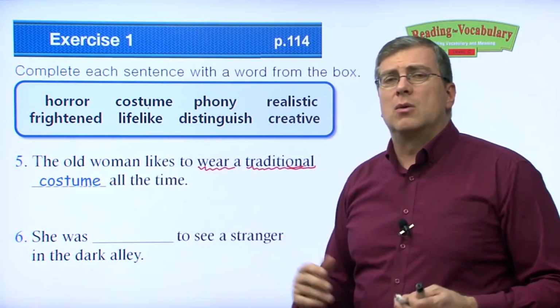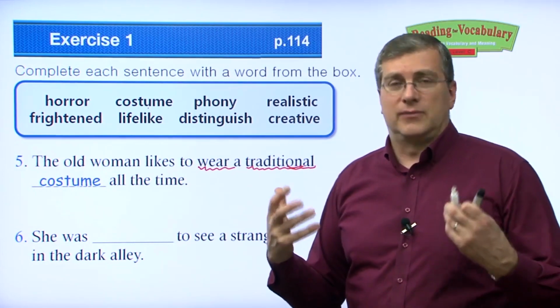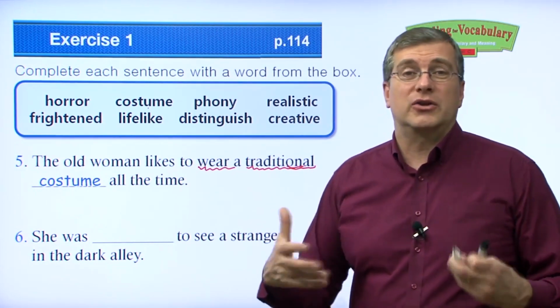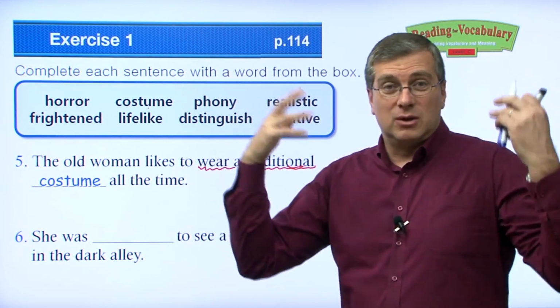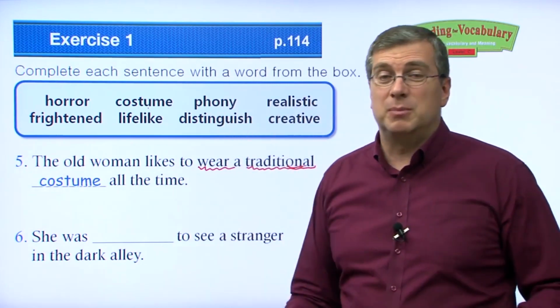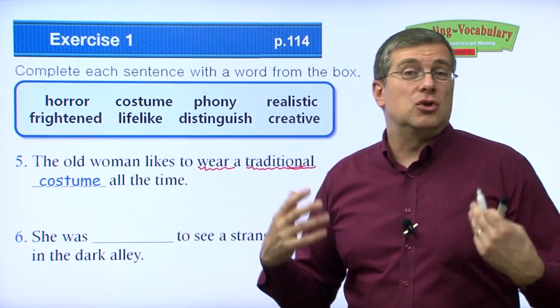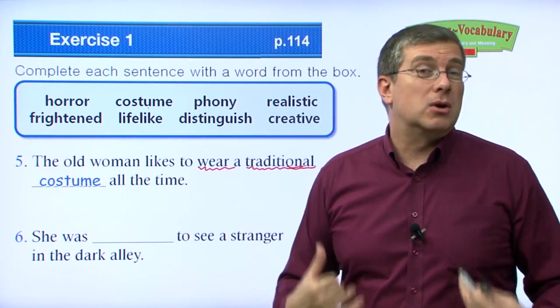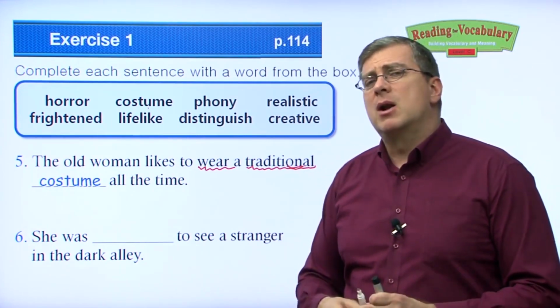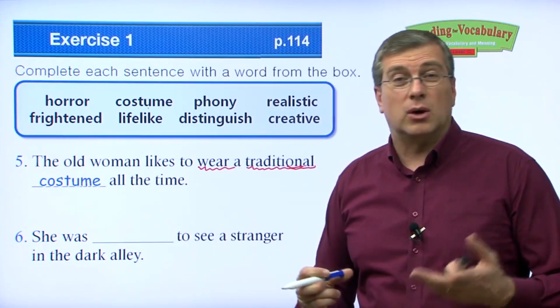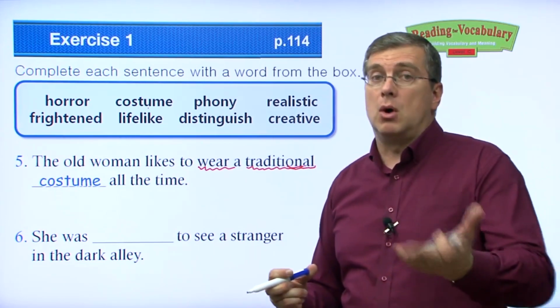Costume isn't always about Halloween. People don't just wear costumes on Halloween when they want to look like a ghost or a monster or a famous person. Sometimes costume also means the traditional clothes of a people or a culture, right? If you think about it, what is the traditional costume for Koreans? Hanbok, right?